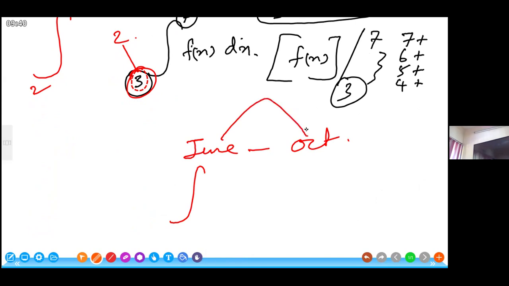The upper value is 10. Lower value, you can't say June is 6. If you say June is 6, it is excluding June. So it should be 5. So think in that term.